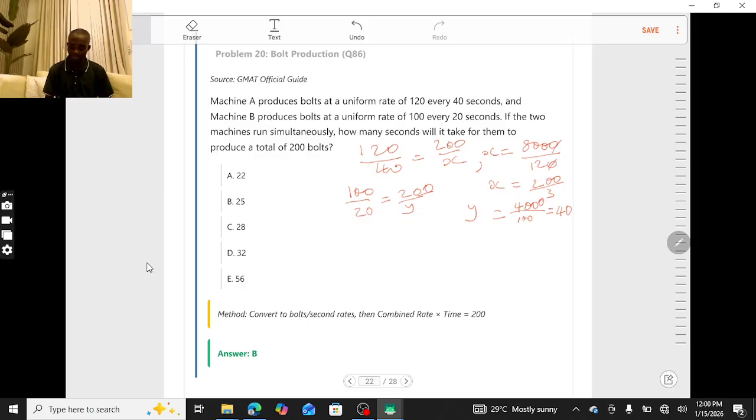So the combined time T is SY over S plus Y. I hope we are comfortable with that, because before we had AB over A plus B, now we have SY over S plus Y. Okay, thank you.